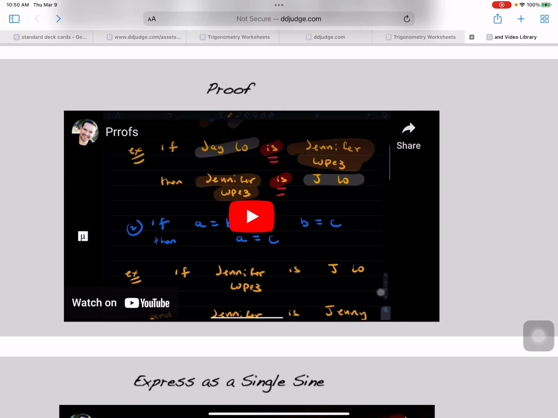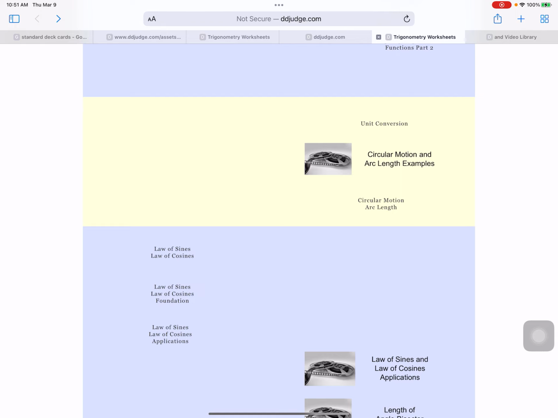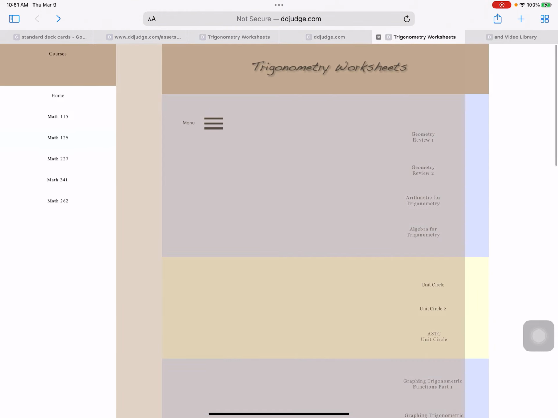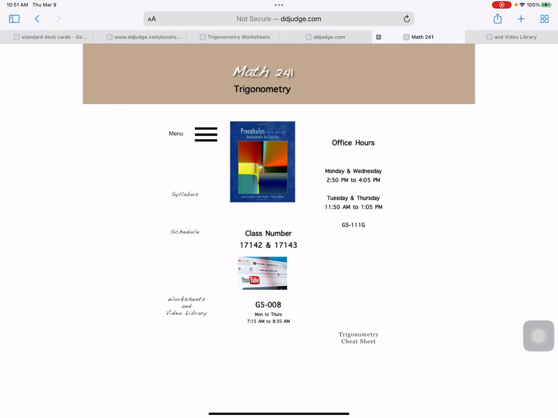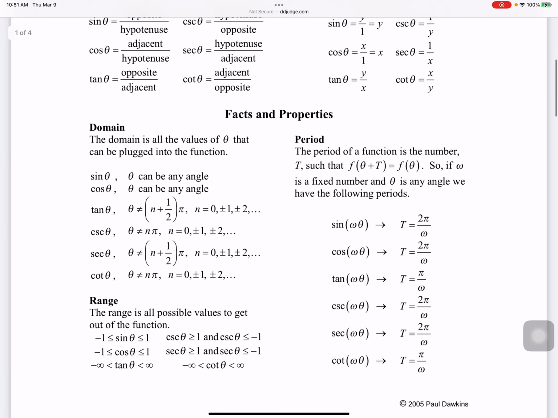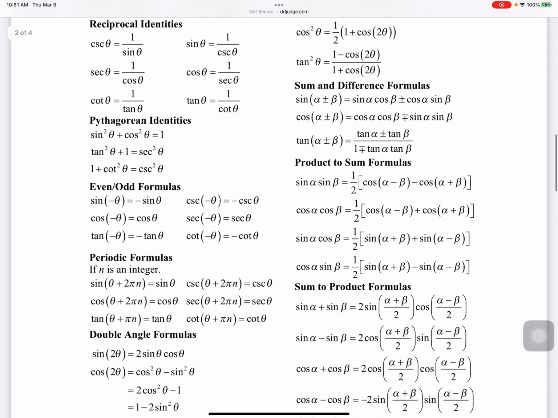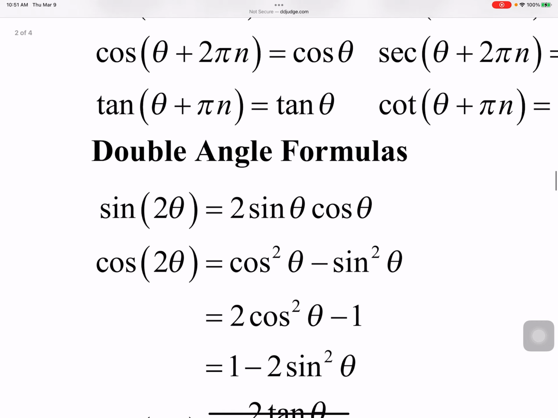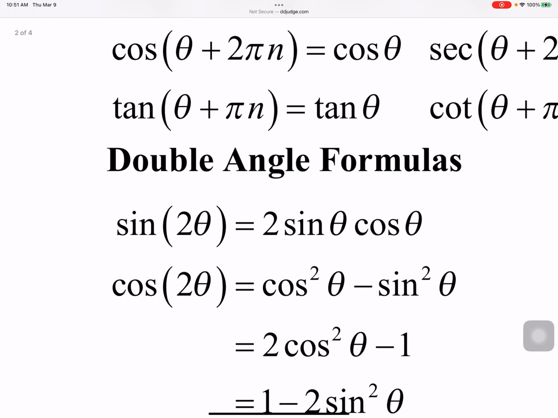But let me ask you guys this. Let's go back to the trig cheat sheet. Here's what you guys are going to use. There's an identity for sine double theta. It's right up here. What's sine double theta?